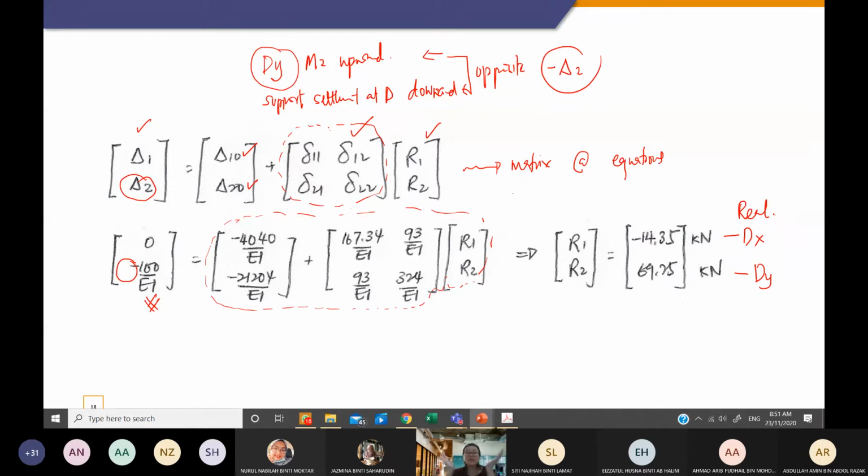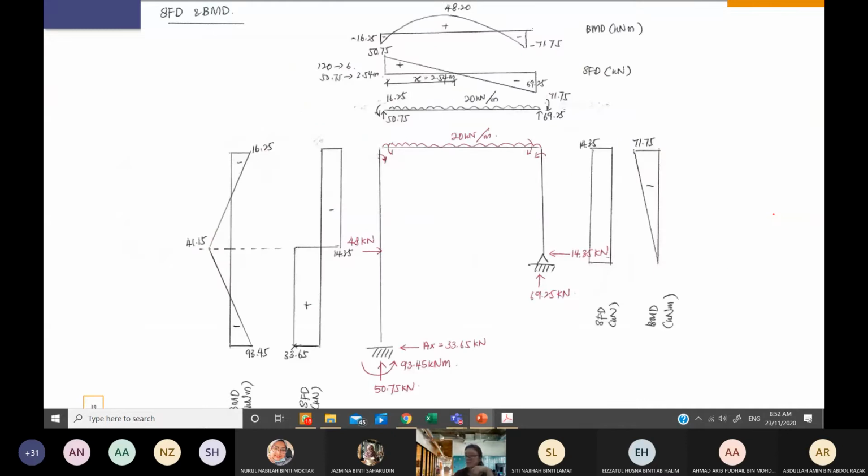Okay, then for part C, you need to draw the shear force and bending moment diagram. Maybe we can have a quick look at that. So you have this dy and dx, then you need to solve for the remaining support reactions. Because the two redundants are already solved, you can just use this, taking summation MA, you get the MA and so on, of this FY, AY and AX.